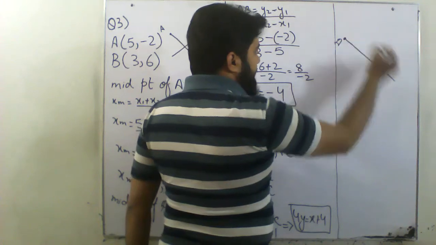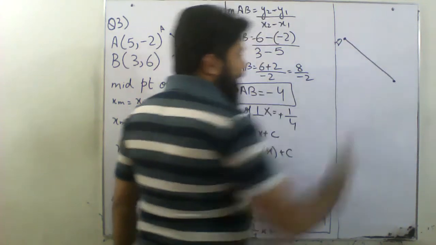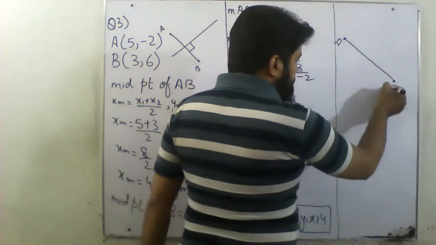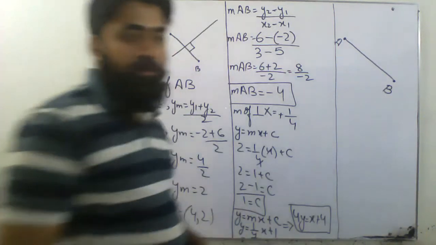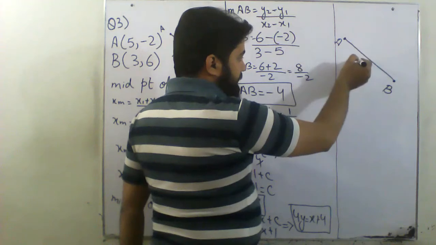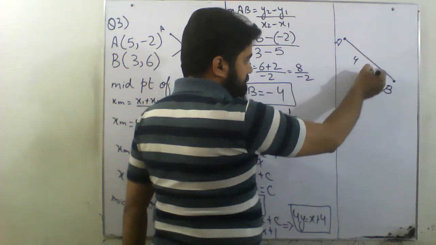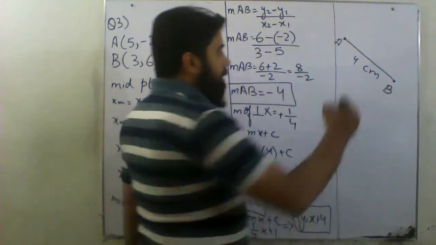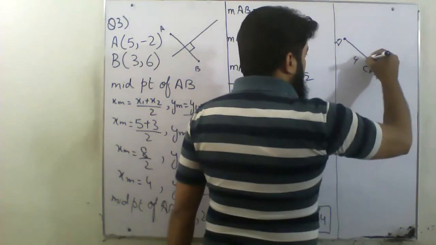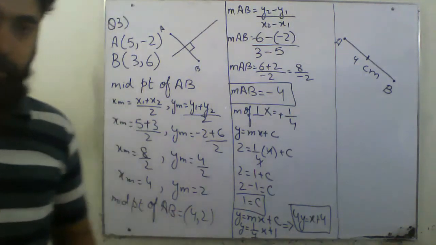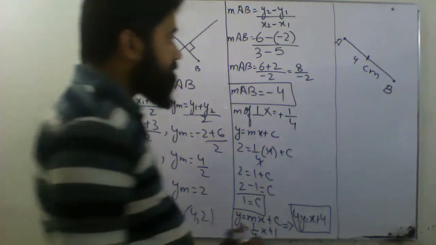One point will be taken as A, one point will be taken as B. Now, after drawing this line of 4 centimeter, mark its midpoint.